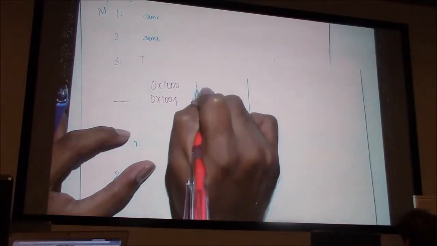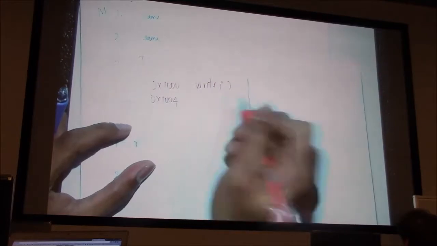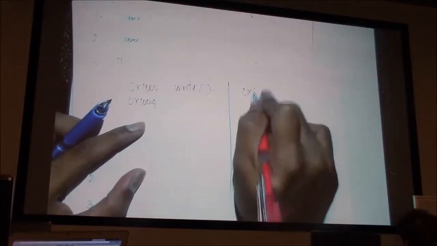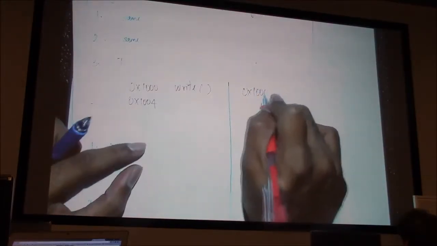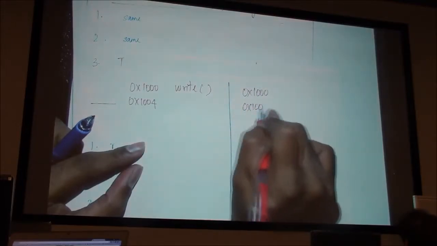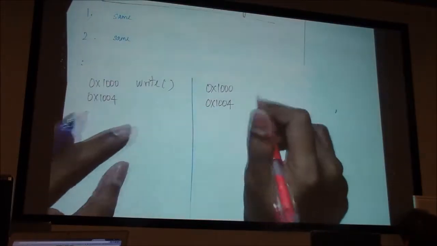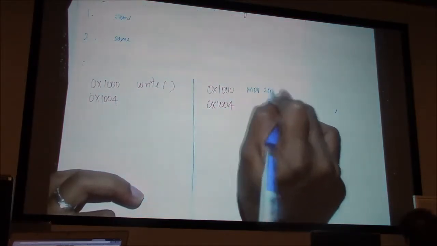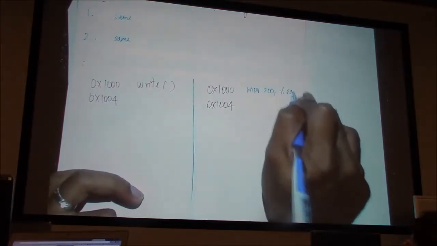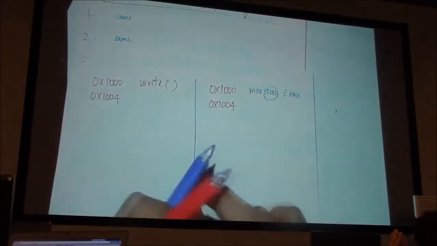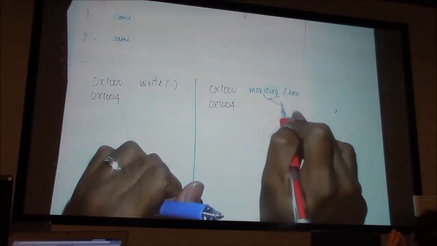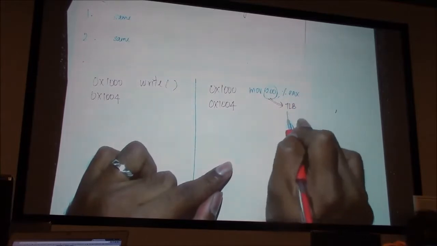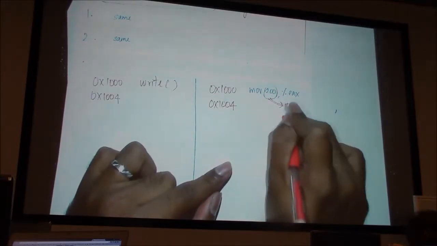And if this is a write system call, at the same address 1000 in a different process, let's assume this particular thing is move 200 to register EAX, and we can assume that this particular thing is going to produce a TLB miss.